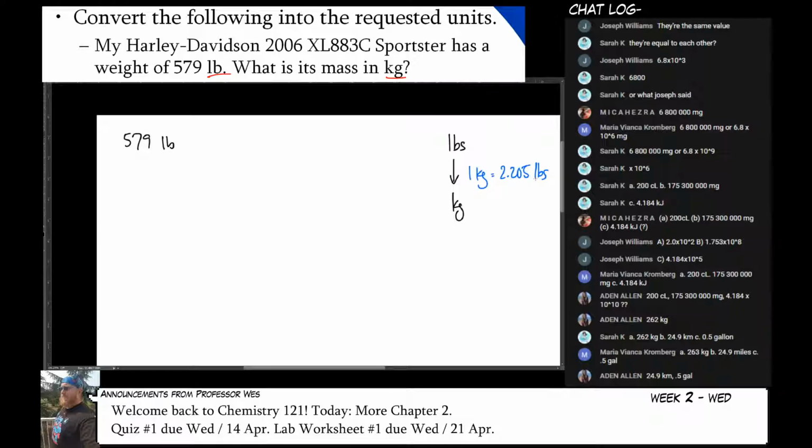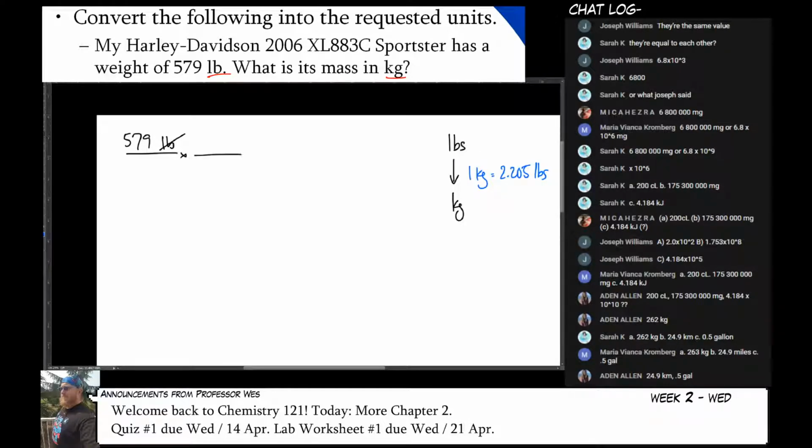Now, you could look this up and get a different result. You could get 1 pound is like point something kilograms, 0.4536 or something like that. Either conversion works. Get the same result no matter what.